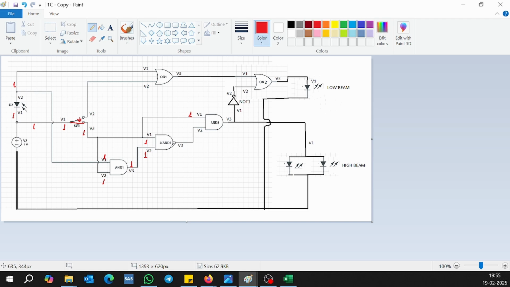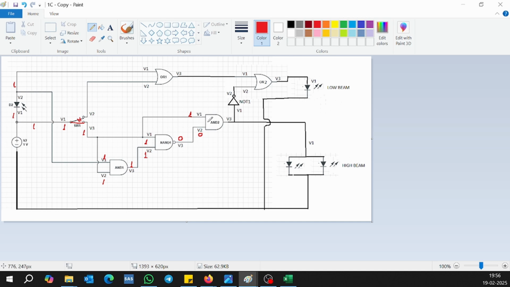What does a NAND gate do? Its output becomes 0, because both V1 and V2, the inputs, are equal to 1. So once this is 0, V2 of AND 2 also becomes 0 because it is the same line.